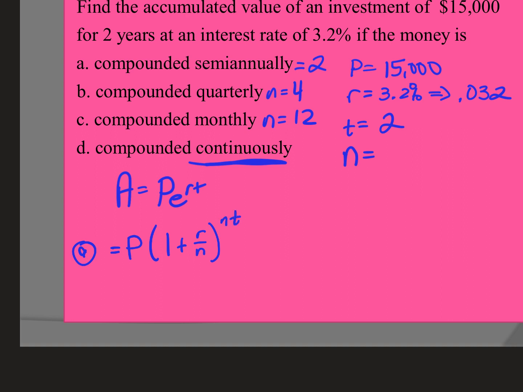When you do this in your calculator, this needs to be in its own parenthesis. But guys, this is super easy. You just have to pay attention to what you're doing. What is the P? What's the initial amount for letter A that I started off with? $15,000. Then I have 1 plus. What is my interest rate?